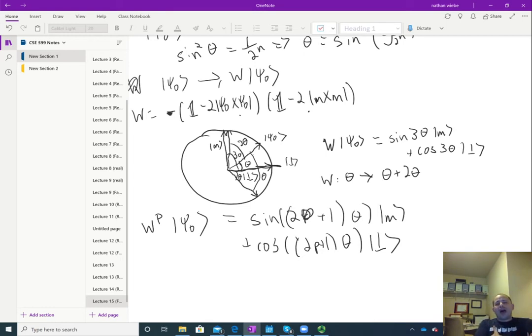All right, so that is what we end up getting out of this, and we can actually see pretty quickly where this ends up coming from, or how this ends up giving a quadratic speedup.